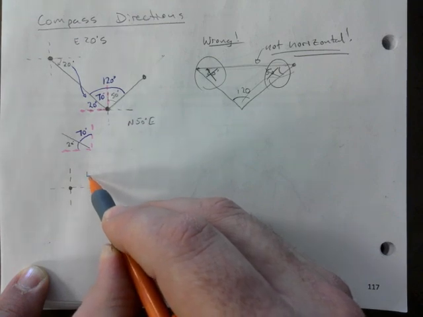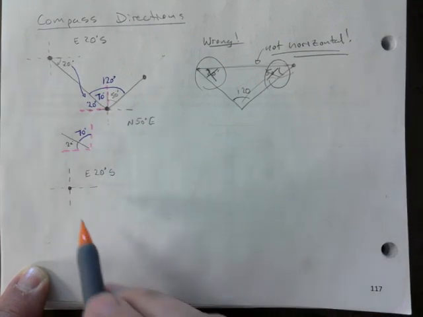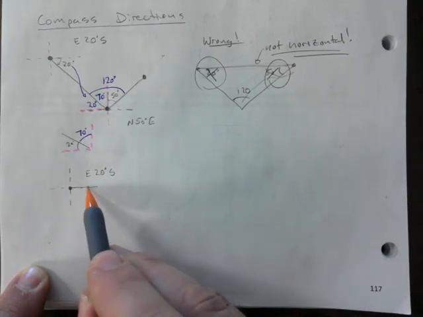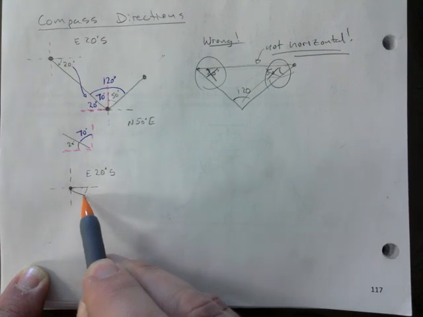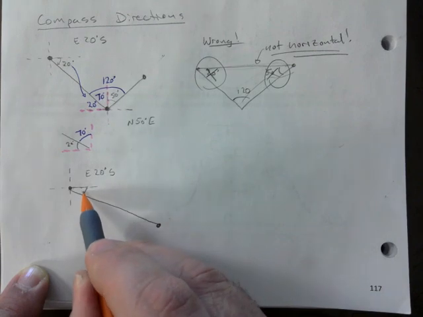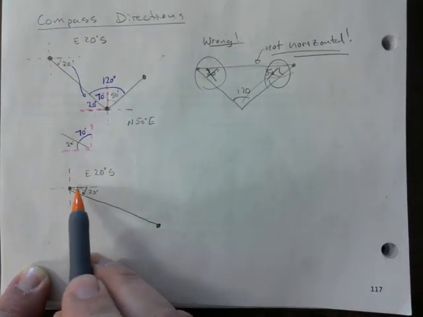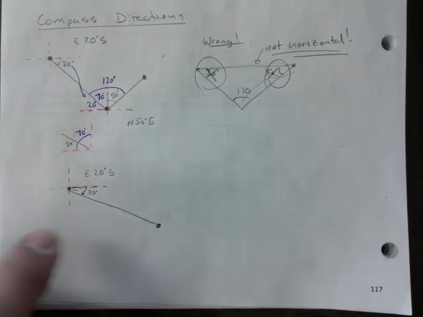We're going to go east, 20 degrees south. So we go east and then it's 20 degrees south. So it's about that. I would strongly recommend you use a ruler. Okay, and this is your dashed line. This is not part of the triangle, okay?